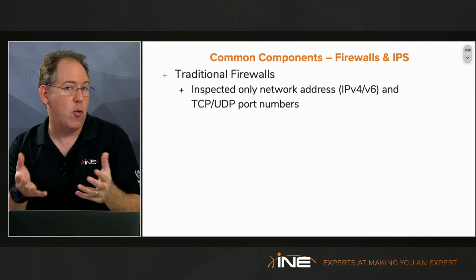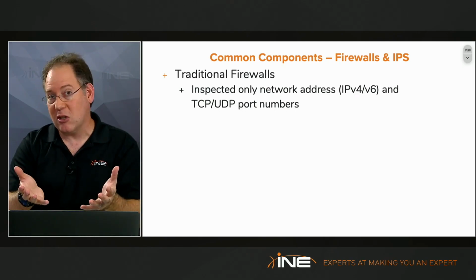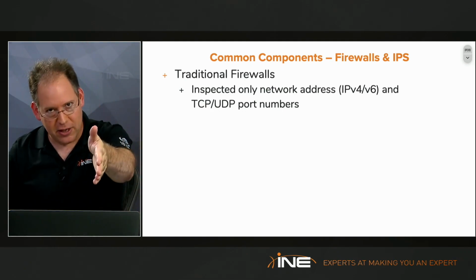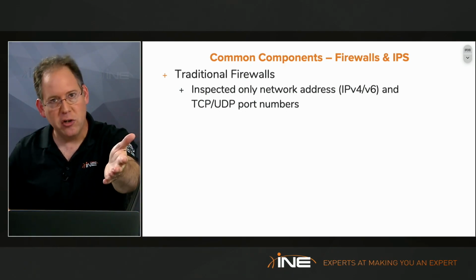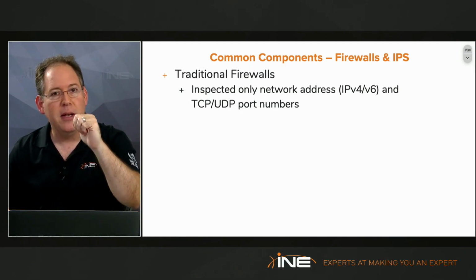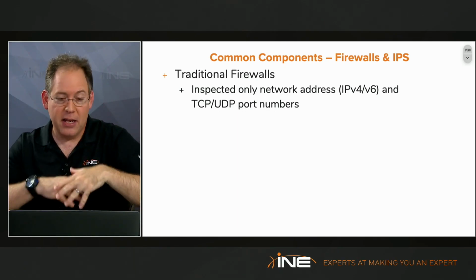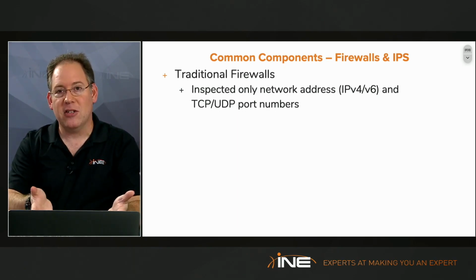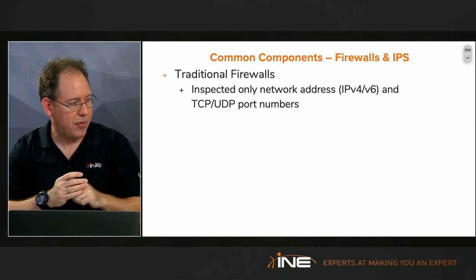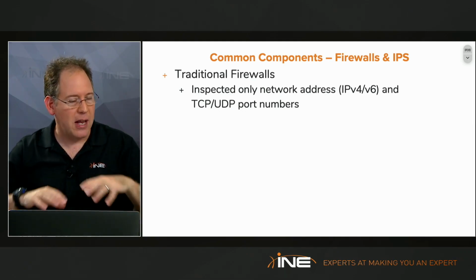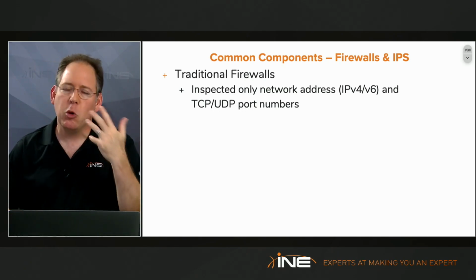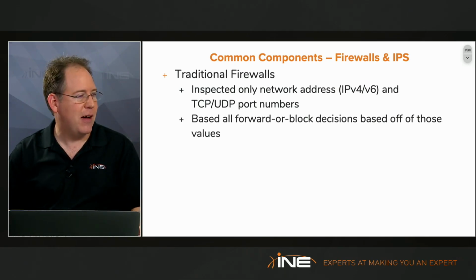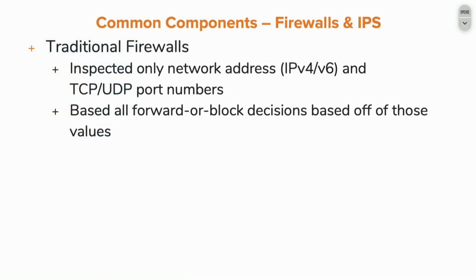It actually probably has more than one, which it uses as a source when it's sending data onto the network. And clearly there's got to be some destination address of where you're trying to get that data to. And when data is coming back to you, the destination of that data is your laptop's address or your PC's address. Original traditional firewalls looked at that as the primary thing to decide whether to drop the data or allow it through. So forwarding or blocking decisions were primarily based off of just those values.